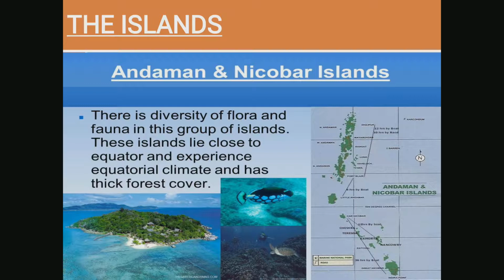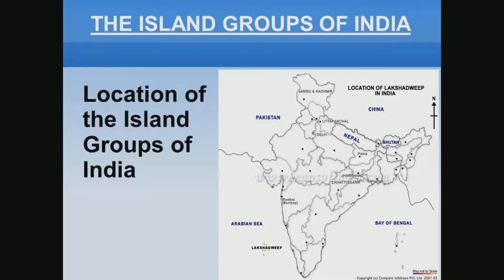These islands lie close to the equator and experience an equatorial climate and have thick forest cover. The capital of the Andaman and Nicobar Islands is Port Blair. Here are the locations of the island groups of India.